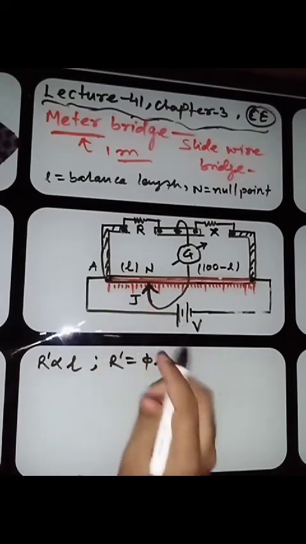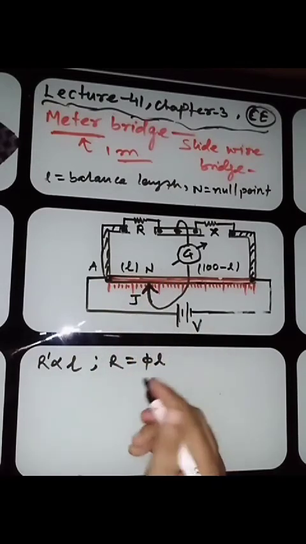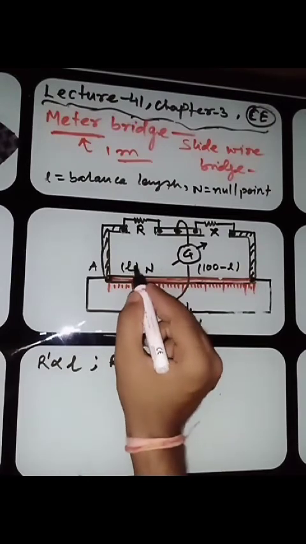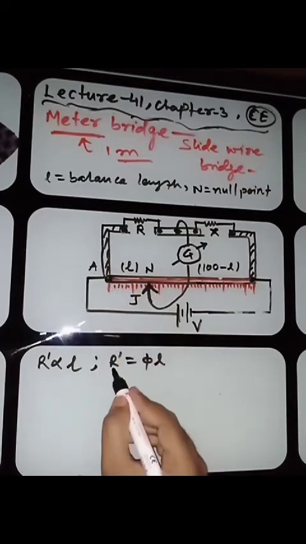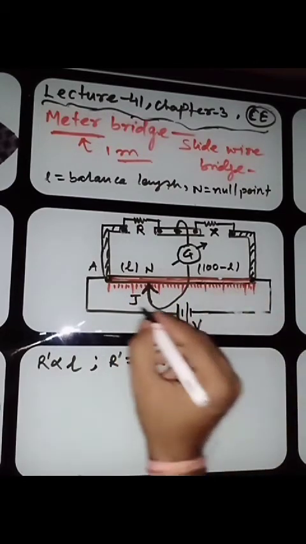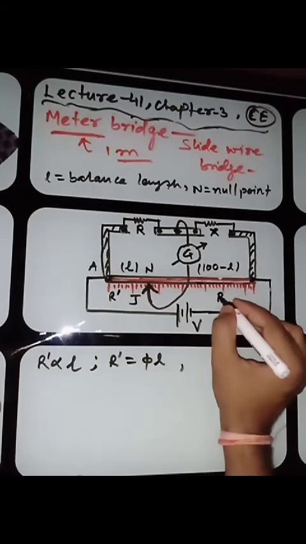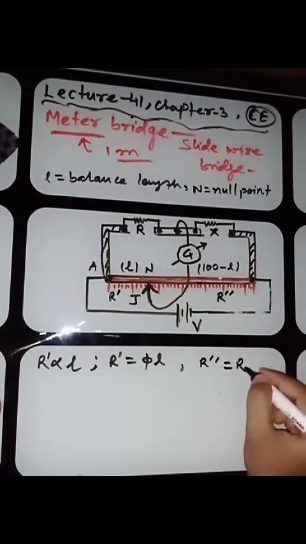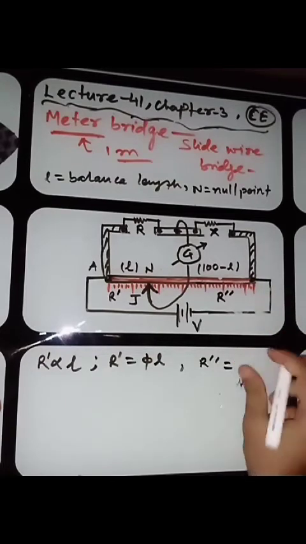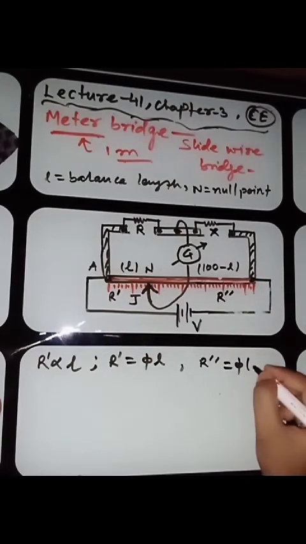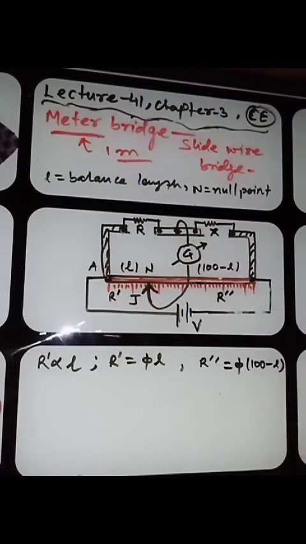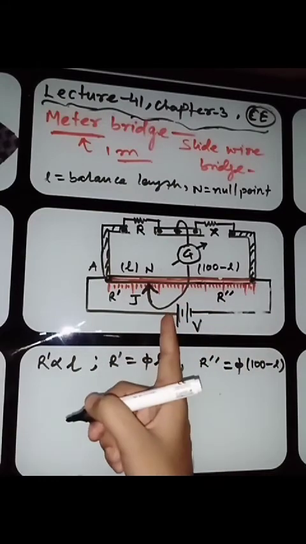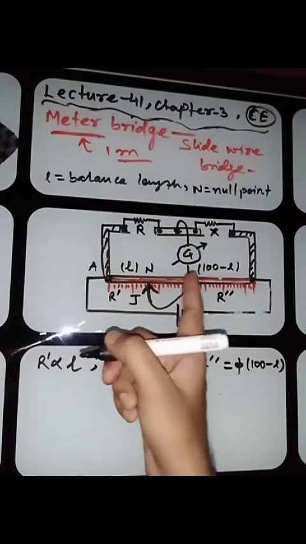So the resistance of this L length will be R dash, and the resistance of this one, R double dash, you can write as ρ times 100 minus L. Very simple. Now you can see this can be arranged in such a way that it looks like a Wheatstone bridge.